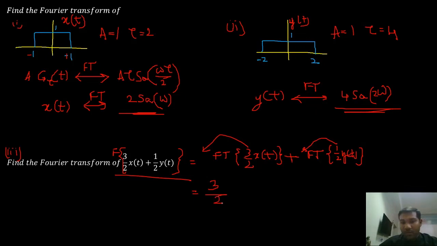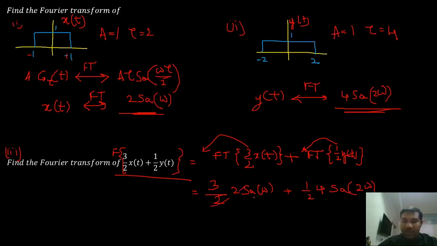3 by 2. What I have left here is the Fourier transform of x of t. What is the Fourier transform of x of t? 2 into Sa of omega. So 2 into Sa of omega plus 1 by 2 is the constant, and the Fourier transform of y of t is Y of omega. So what is Y of omega? 4 into Sa of 2 omega.